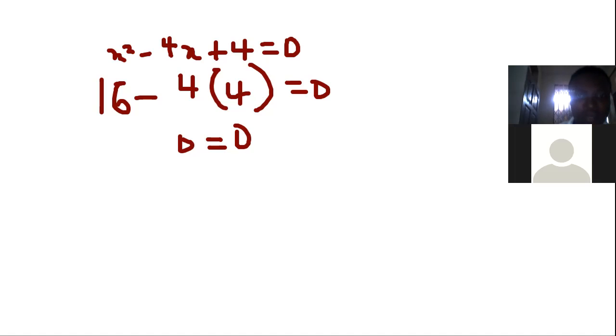In this case, the discriminant must be greater or equal to 0. So if you get the discriminant equal to 0, then indirectly this one has real roots. It is greater than 0, and it can also be equal to 0. You get what I'm trying to say?